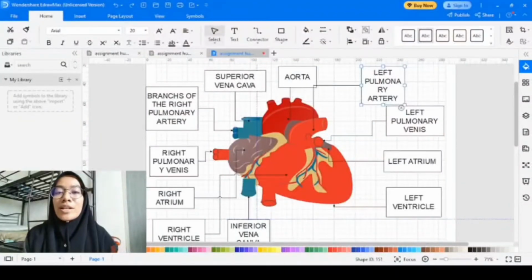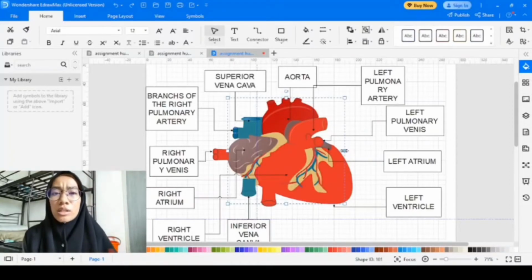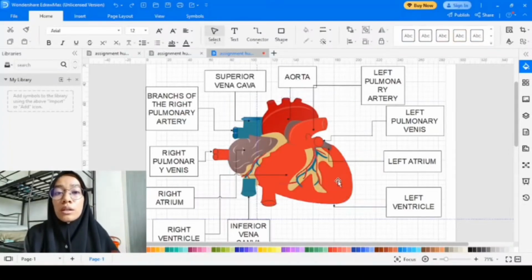My name is Naida Syera binti Zakaria. My matric number is DE190020. I want to explain about the one organ that I designed, the heart. The function of the heart: the human heart is one of the most important organs responsible for sustaining life.